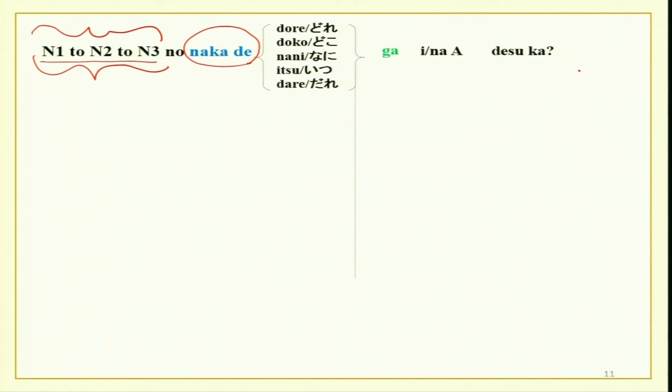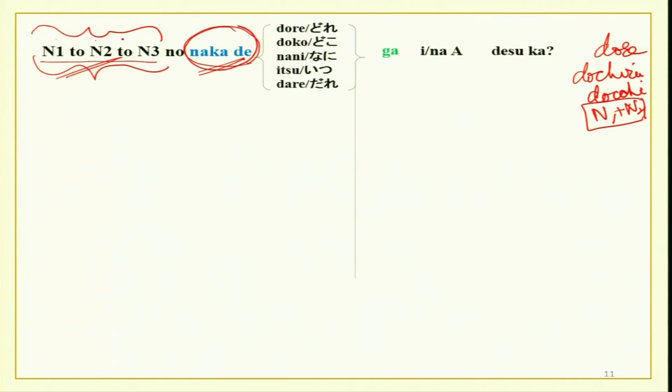So, now you will see that with dochira and dochi, you will use noun 1 plus noun 2 only, but with naka de you can use 3 over here as is given. Why? Because dochira, dochi, dore, you are showing something, you are physically showing, or the noun is known.